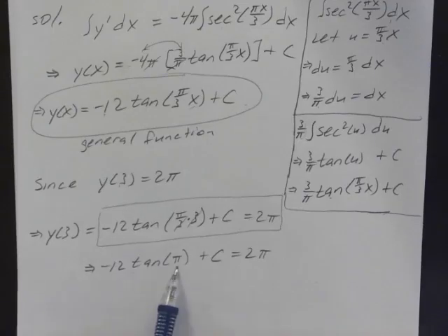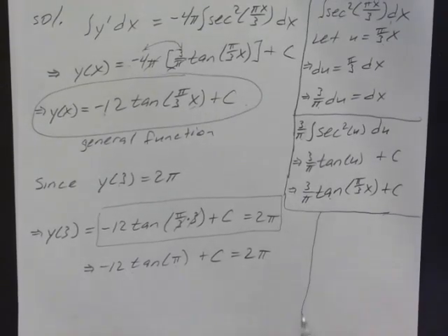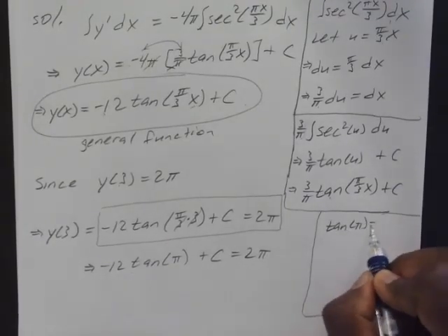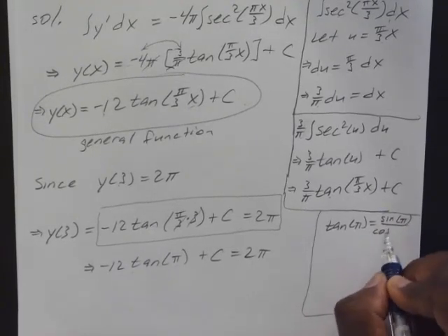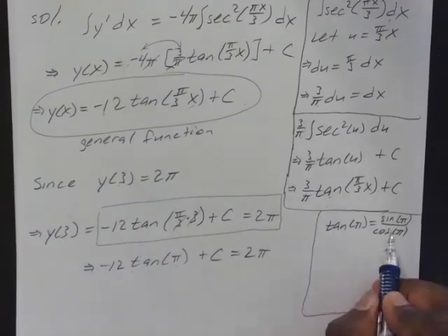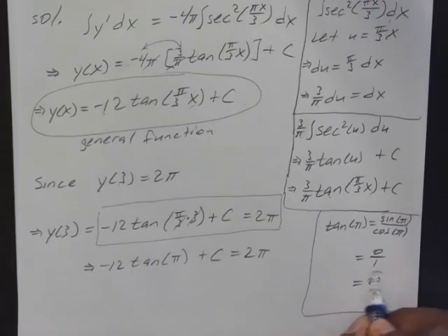Okay, so we know tangent of pi is equal to 0, because tangent of pi is just sine of pi divided by cosine of pi. We know that sine of pi is equal to 0 and cosine of pi is equal to negative 1, which gives 0.